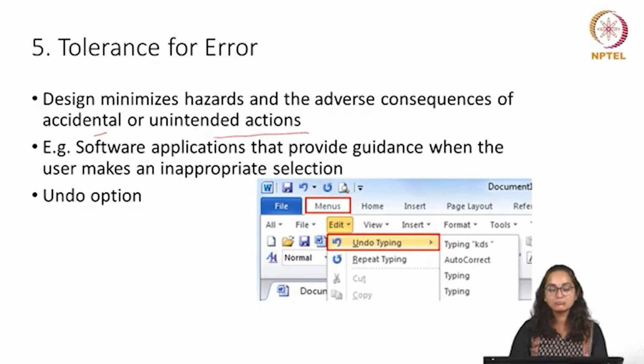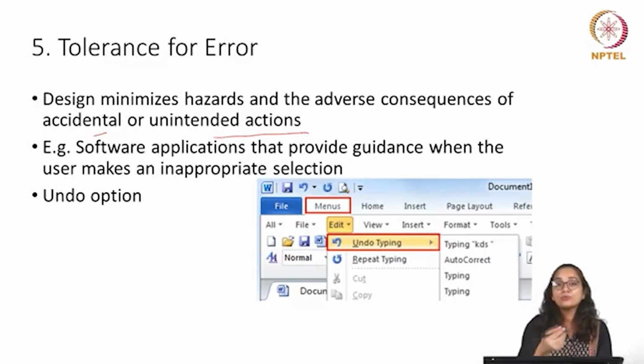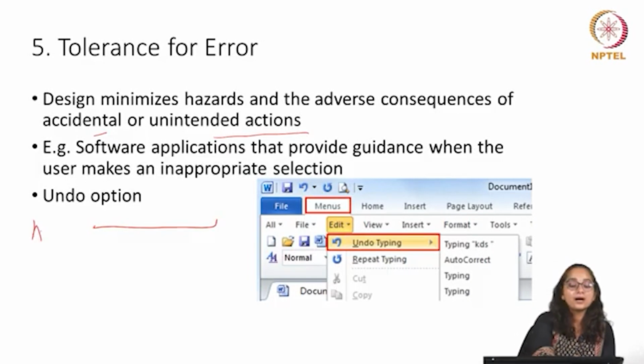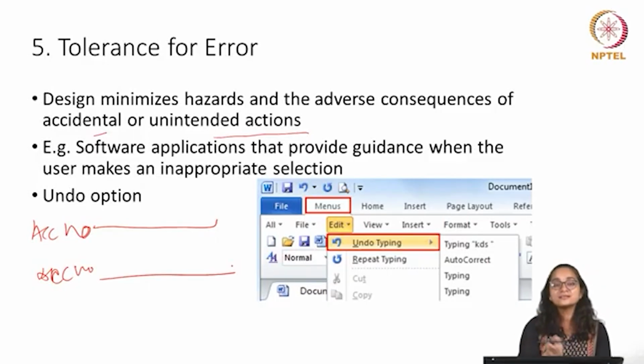Another very popular type of interface which allows for tolerance for error, where once you commit an error it can be very hazardous or have very bad consequences, is, for example, when you are transferring money to another bank account. Whenever you add a beneficiary, it will ask you to enter the account number twice. So, the chances of entering the same number wrongly with the same type of error is almost close to nothing.